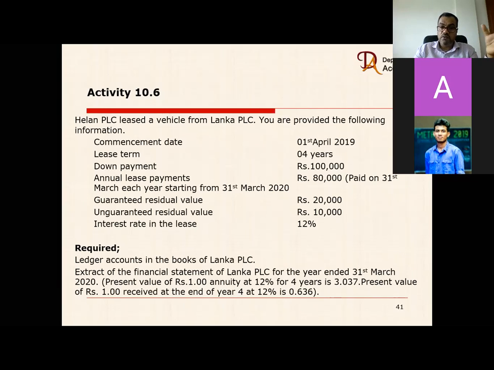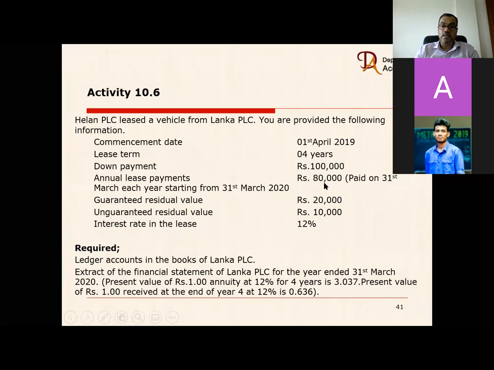If not provided, you better do the calculation. Now you better practice it. How do we get it? Then you sense it, you realize it. 1 minus 1 divided by 1.12 to the power of 4, divided by 0.12 must be exactly this. Otherwise, there should be something. And the discount factor of 1 rupee after 4 years is 0.636.